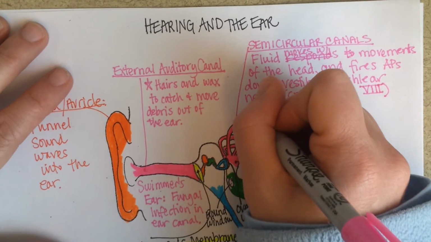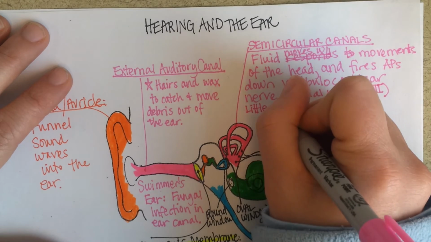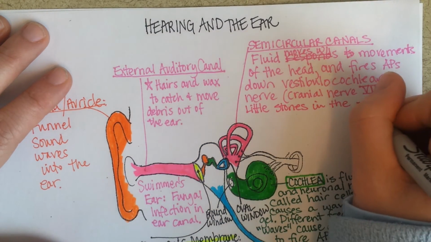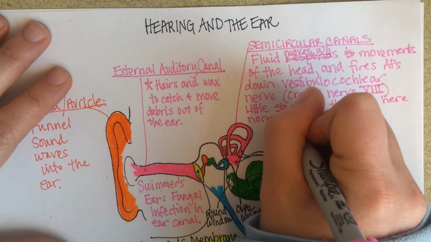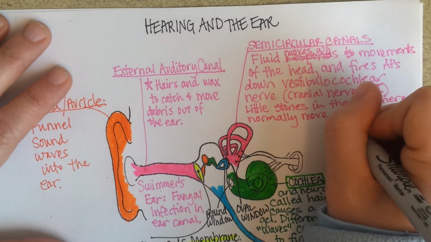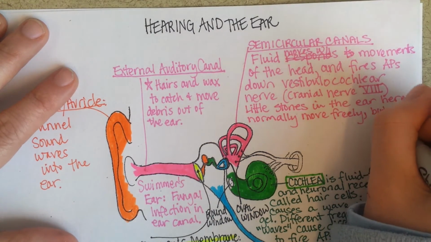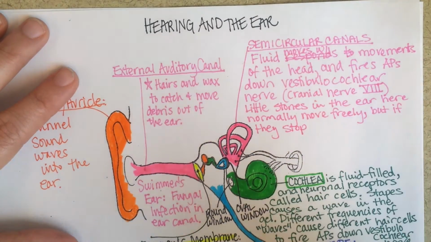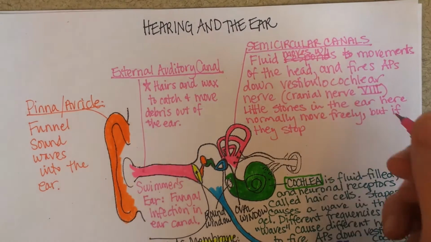And so there are little stones in the ear here that normally move freely, but if they stop moving freely, then they no longer will report where your head is in space and you can have vertigo.